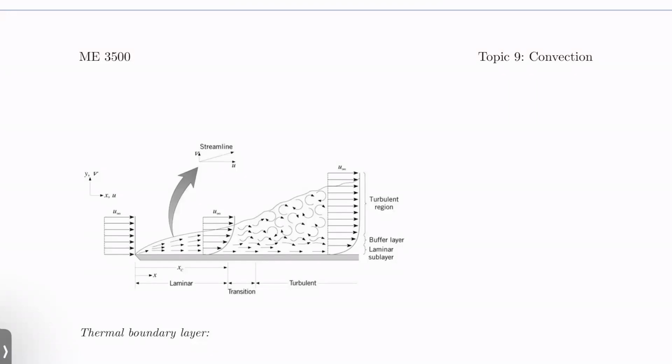It will transition to turbulent, and then you'll see that the boundary layer thickness gets larger, and then in the turbulent area, our velocity profile is approximately uniform again, right?